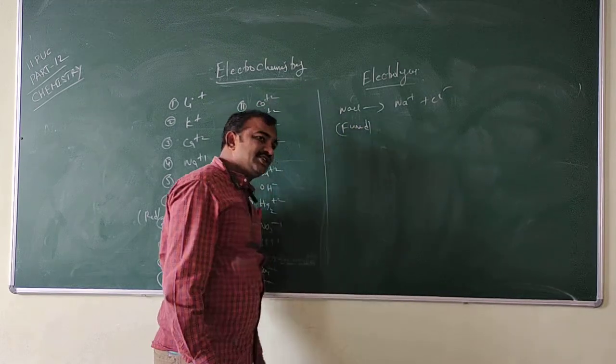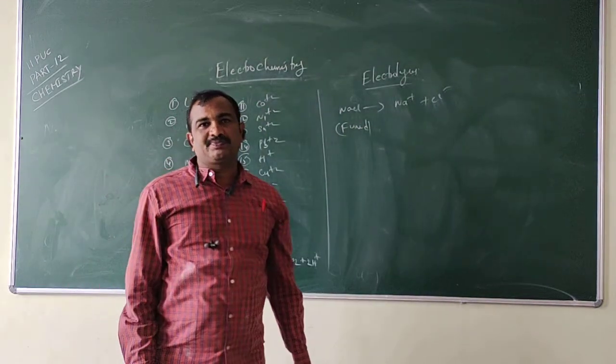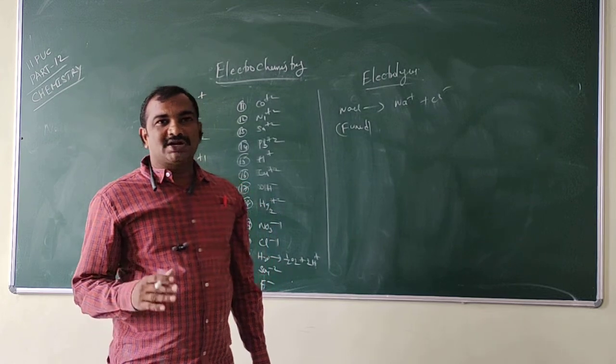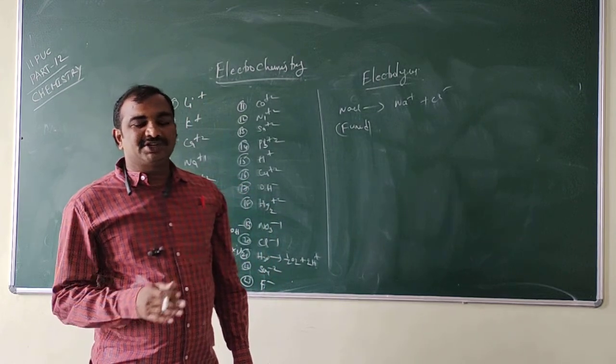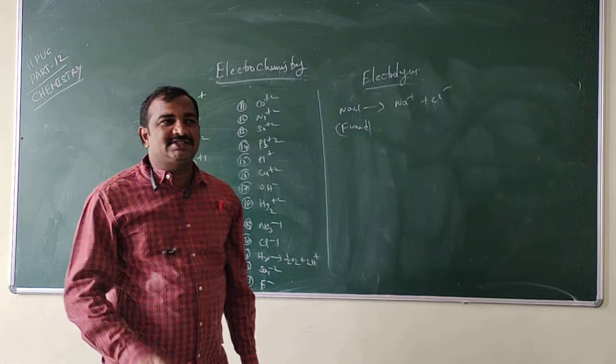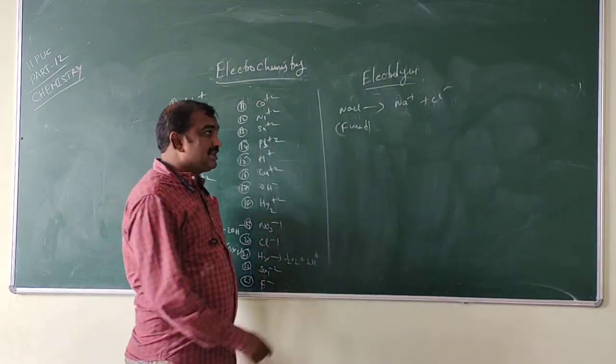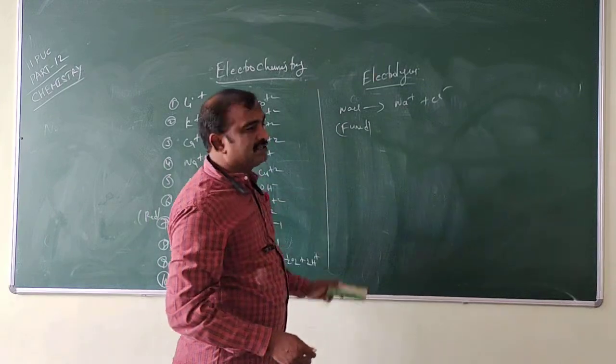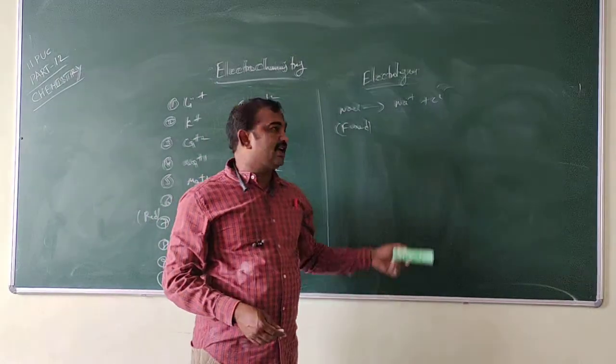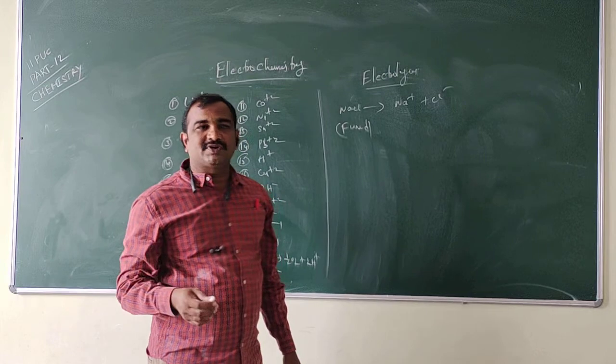If it is fused NaCl, fused means there is no water content. Purely NaCl is there. Na+ and Cl- is found. So what is found at cathode here in fused? At the cathode Na is found and at the anode Cl is found. How?